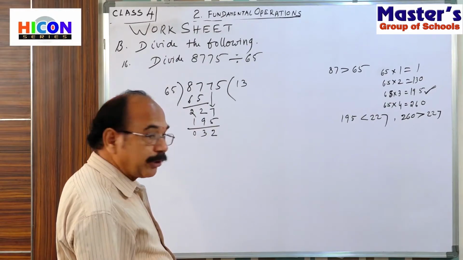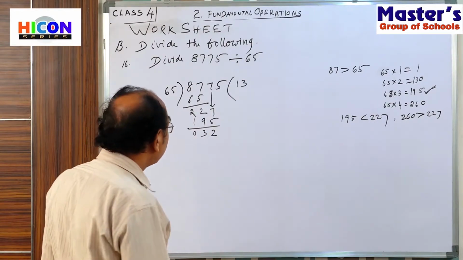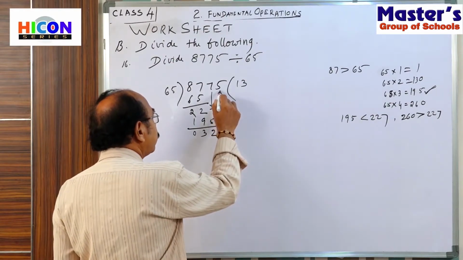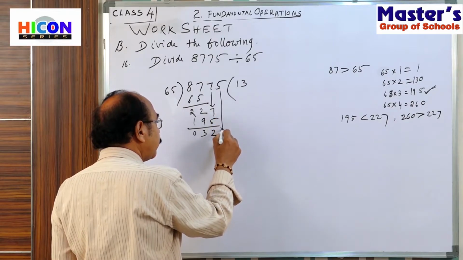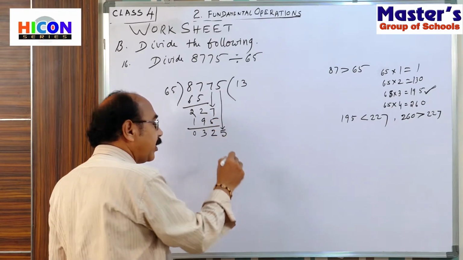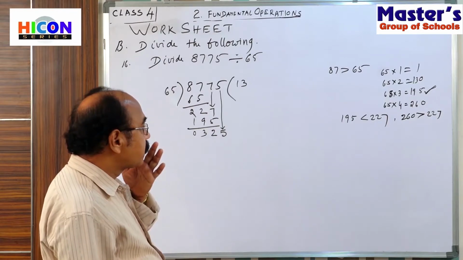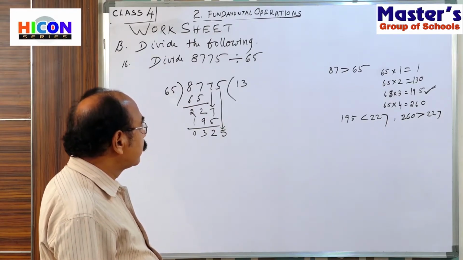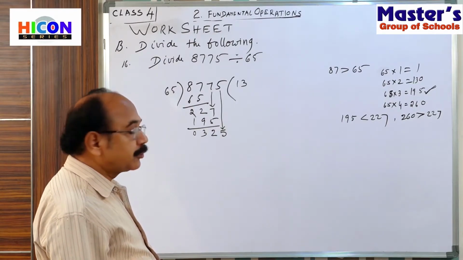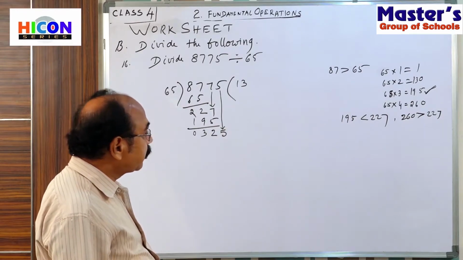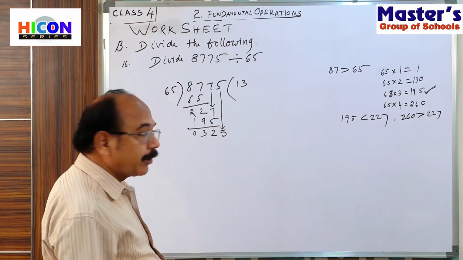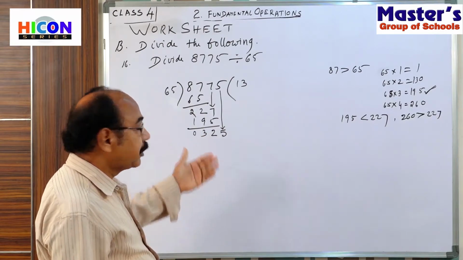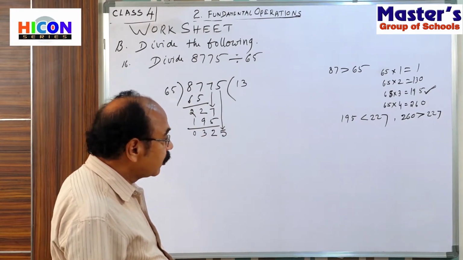Now, to get to the next dividend, you bring down 5. Okay. Now table should be continued to get the nearer number to 325. Okay, children.